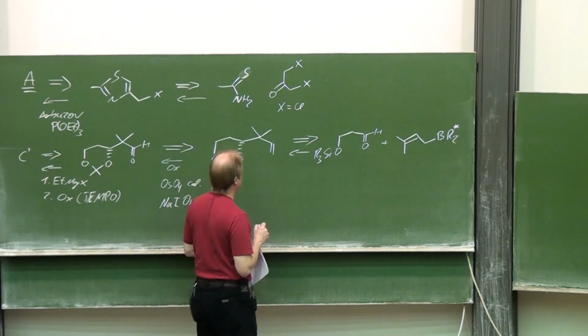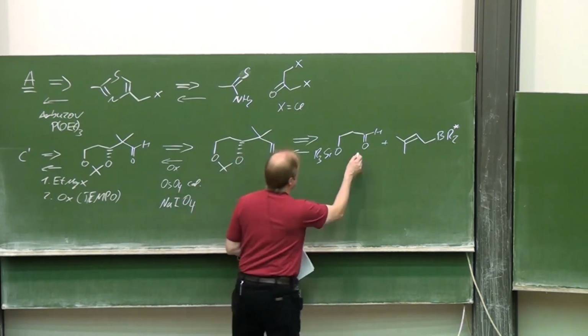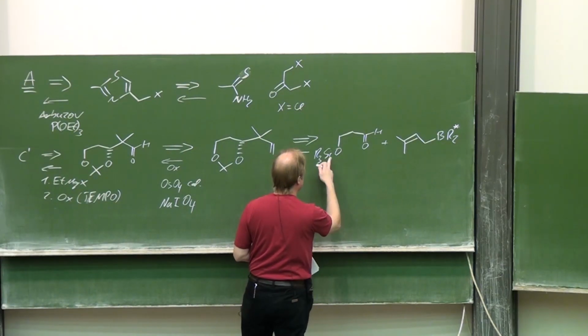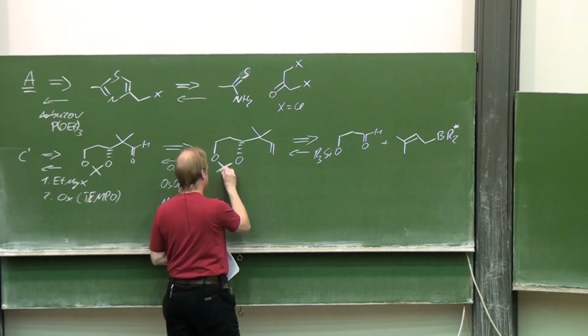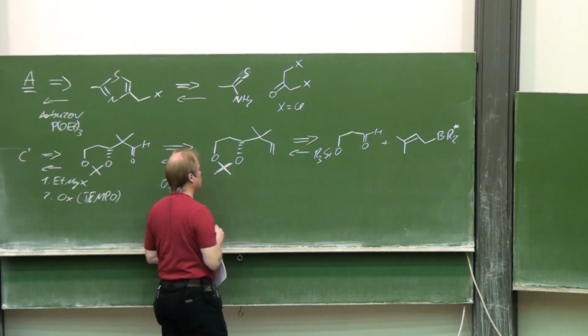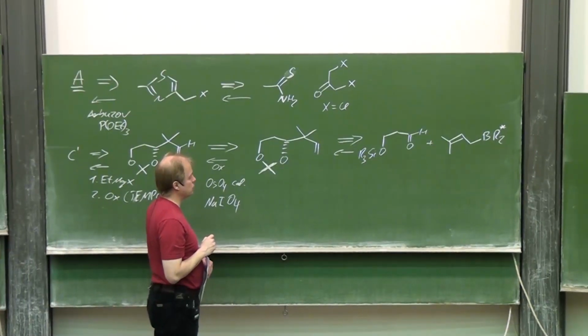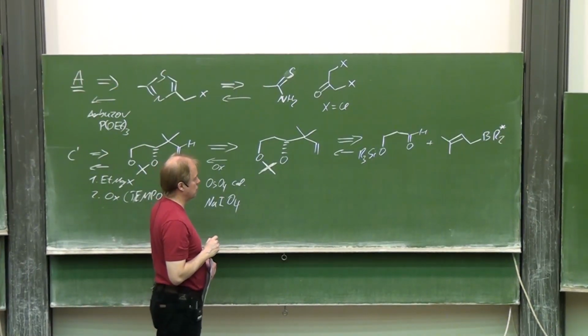So then you have the diol. In principle, one was protected, and to transform that to that acetal is, of course, no problem at all.